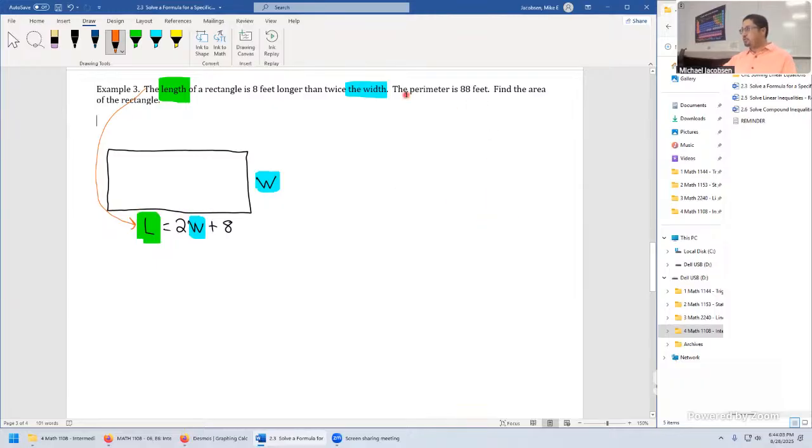Let's keep on reading through. We're being told the perimeter is 88 feet. That's taking the length plus the length, the width plus the width. In other words, perimeter P is going to be twice length plus twice width.